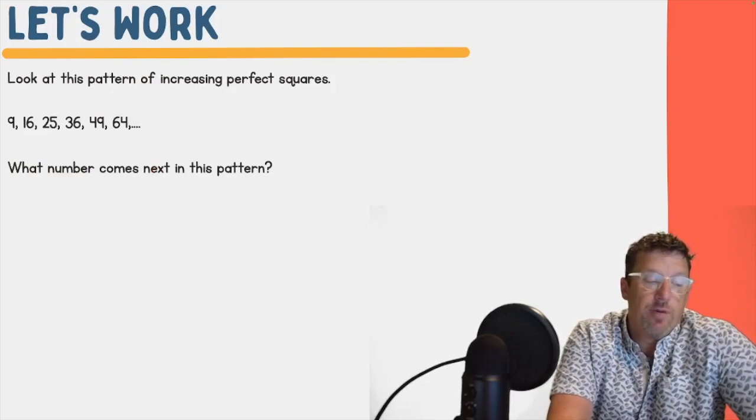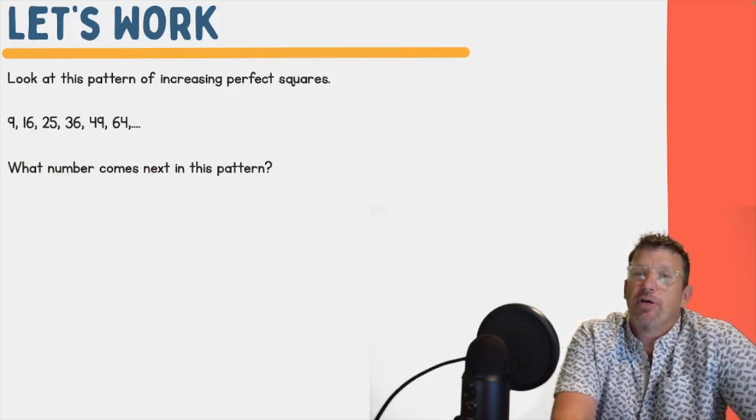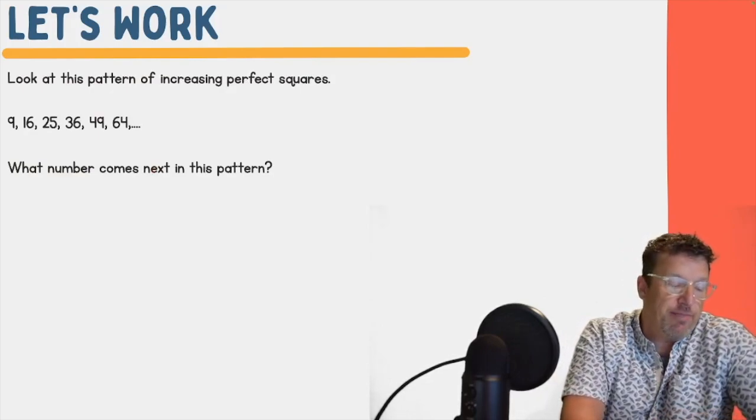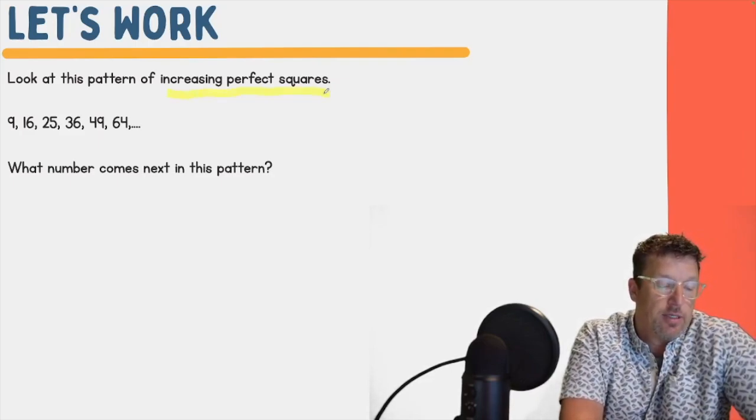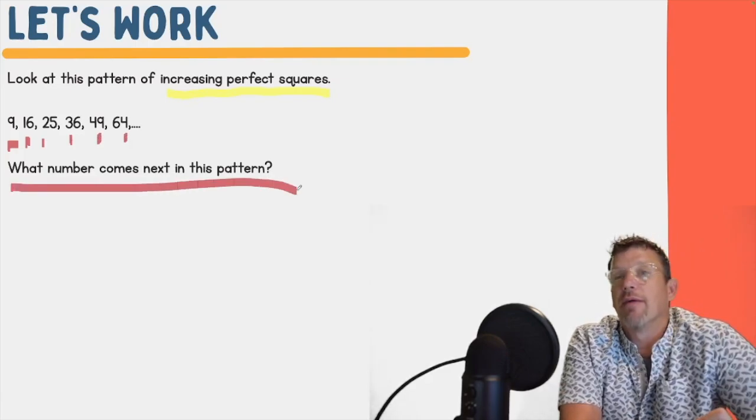All right, one more. If we're thinking about perfect squares, look at the pattern of increasing perfect squares, okay? So we have 9, 16, 25, 36, 49, 64. What number is going to come next?